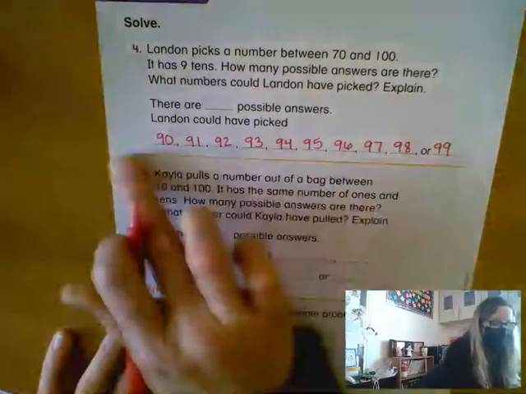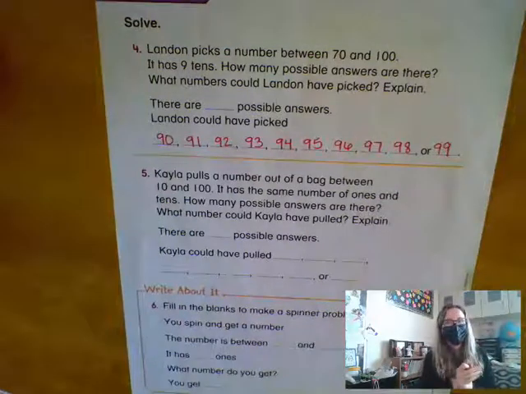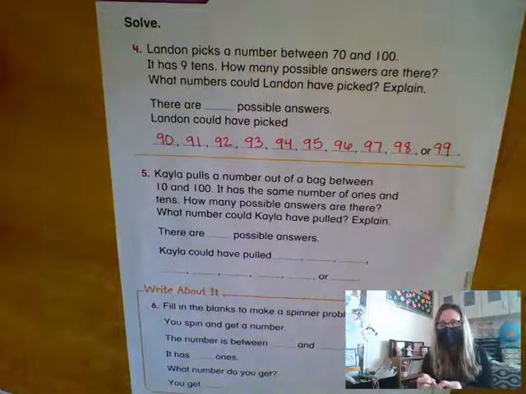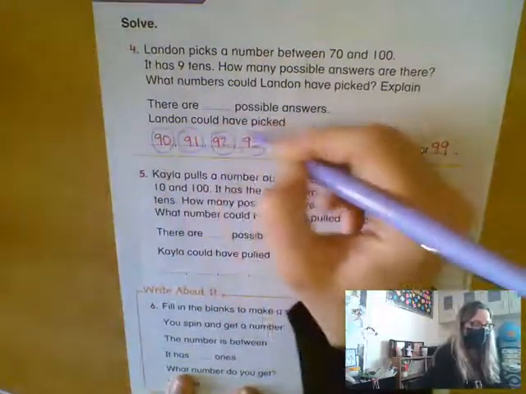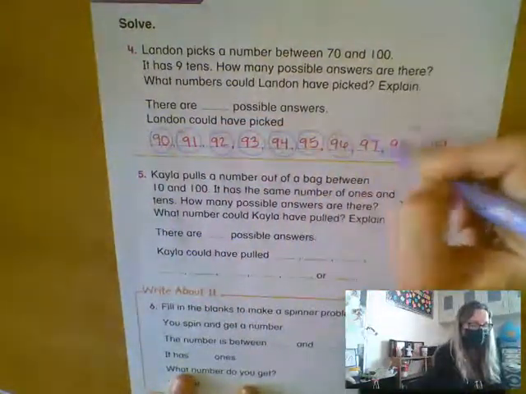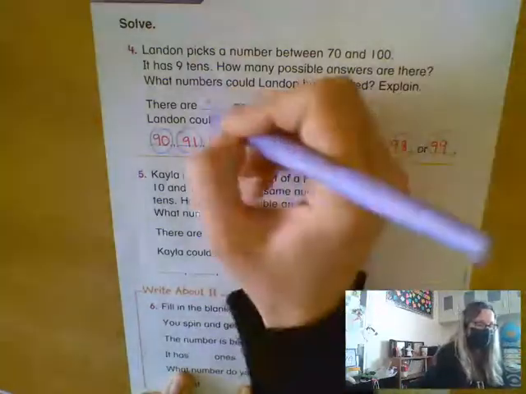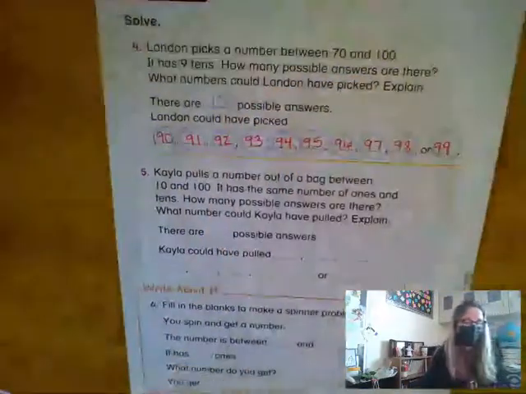Those are the only numbers that have 9 tens. How many choices are there then, Landon? There's 1, 2, 3, 4, 5, 6, 7, 8, 9, 10 possible choices.